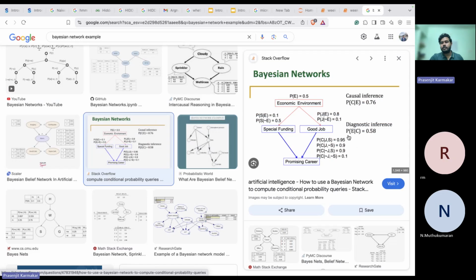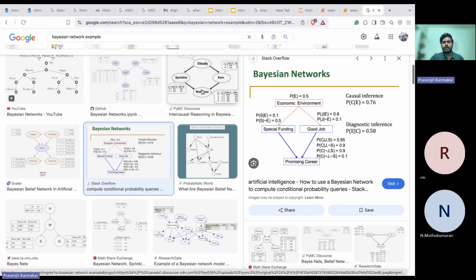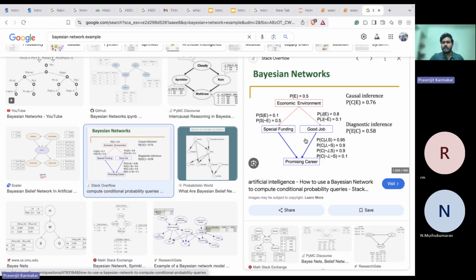So it can be computed as probability of economic environment times probability of C given E divided by probability of C, right? And that I can compute by just multiplying these probabilities together, just by using Bayes theorem. Okay. Similarly, these types of questions are very common in exams.